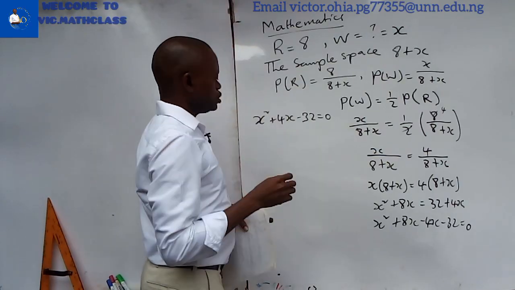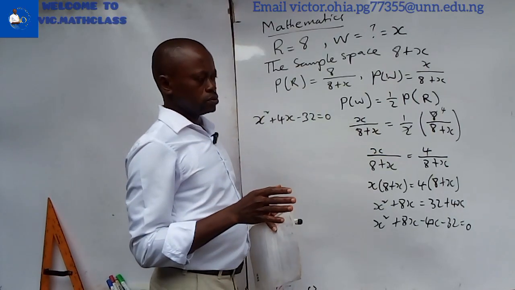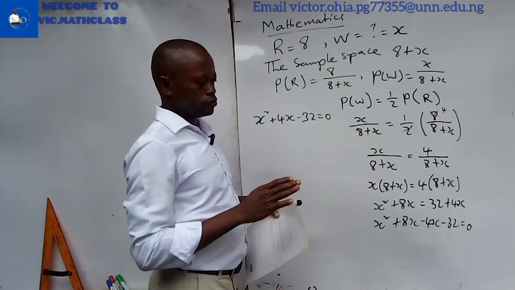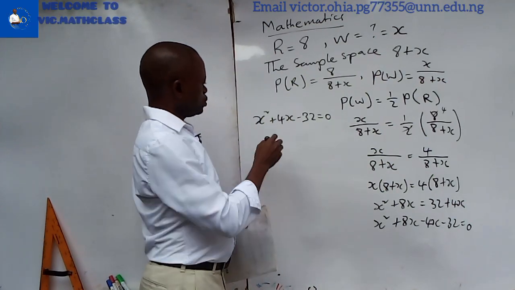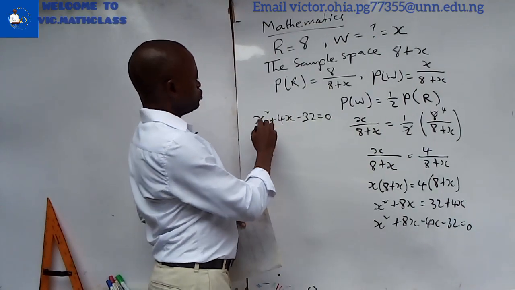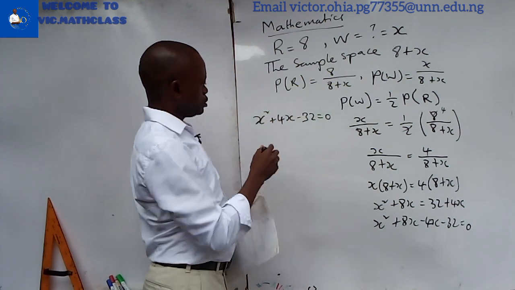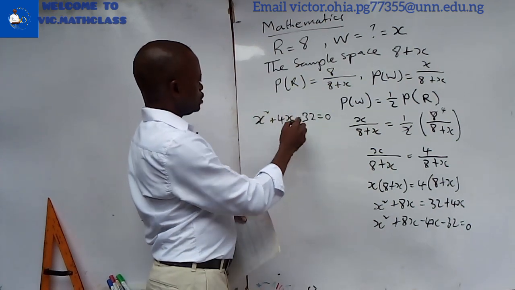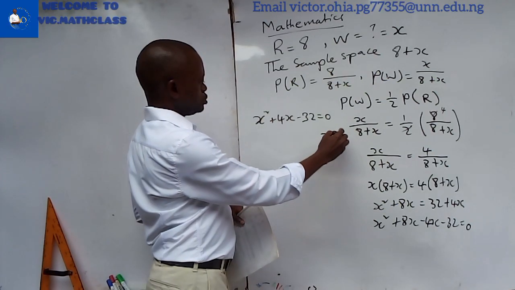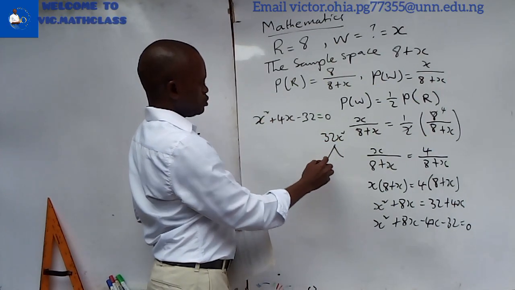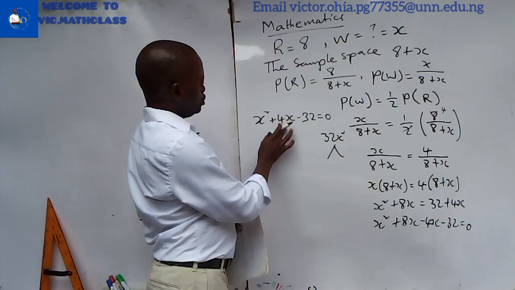The simplest method to use here now is factorization. In factorizing this expression, I will look for the product of this. I've done classes on that. The product of this and this will be 32x squared, but I am breaking it into two factors which will give me this.